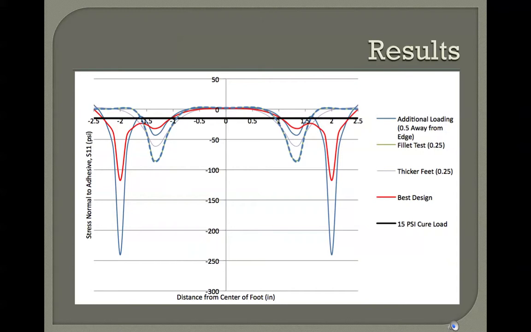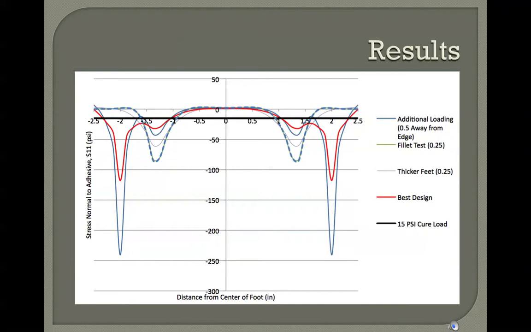All the tests conducted on the finite element model produced very interesting results, giving us a better understanding of ideal cure load conditions. It is important to note that all stress distributions on the graph follow the expected trend, with really high stress directly under the corresponding point load and tapering off steadily.